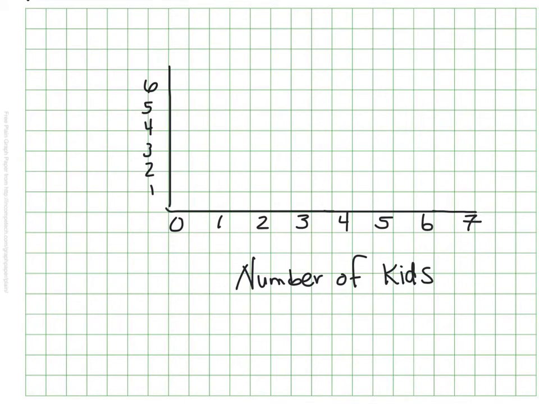I need to give this side a label as well. Everything gets labeled on a graph. So I'm going to label this side frequency because this tells me how many times a particular answer was given. I'm just going to write frequency right along the side. And of course, no graph is complete without a title. I'm going to go ahead and just call this graph Teachers and Their Children.